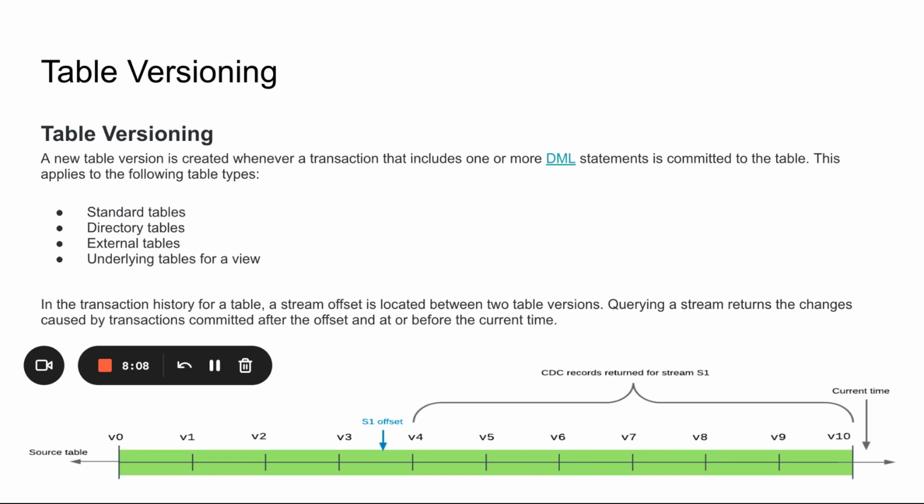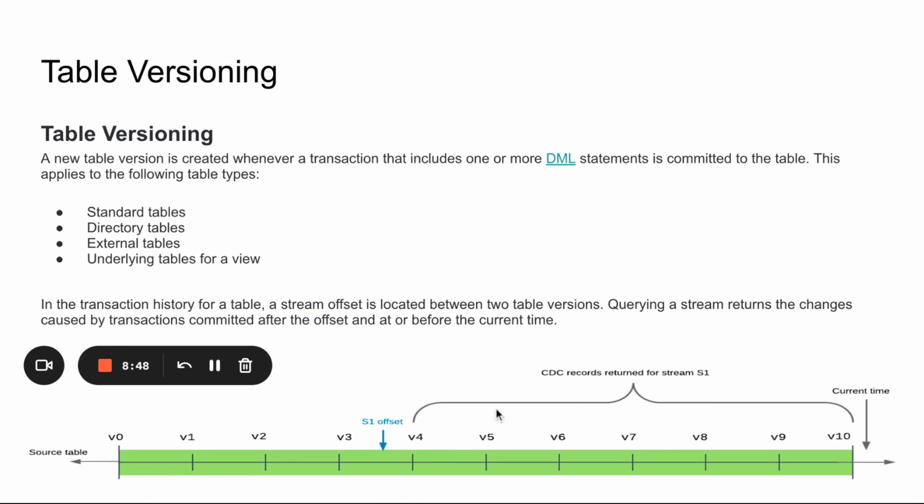As you see below, we have 10 versions of the table, which means 10 transactions were committed, and the offset resides between two versions of the table. Here, offset S1 is between V3 and V4. If we query the stream, it will capture all the data after S1's version, that is from V4 till the current time, which is V10.